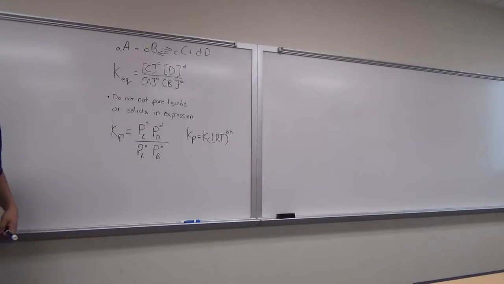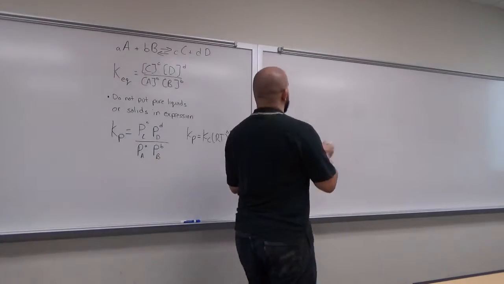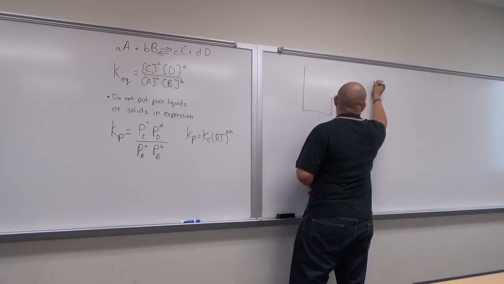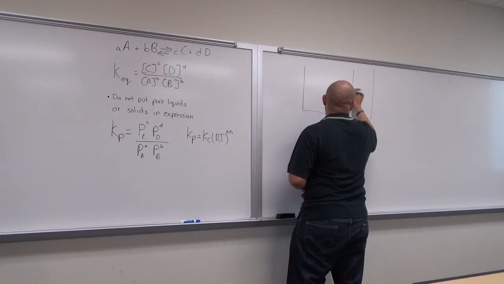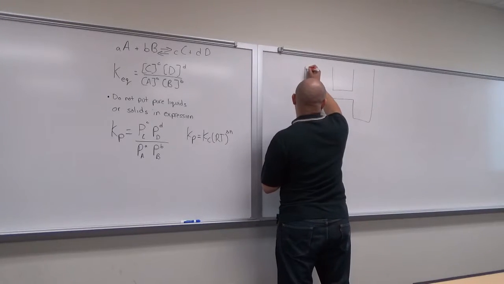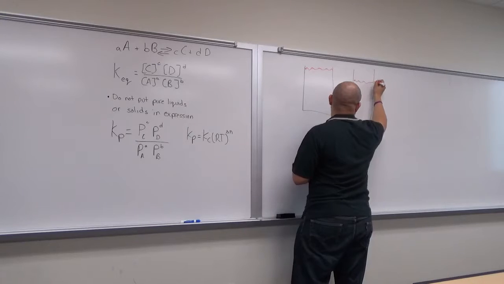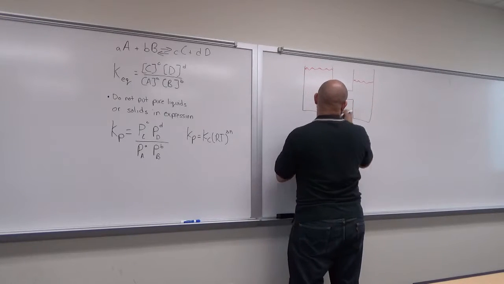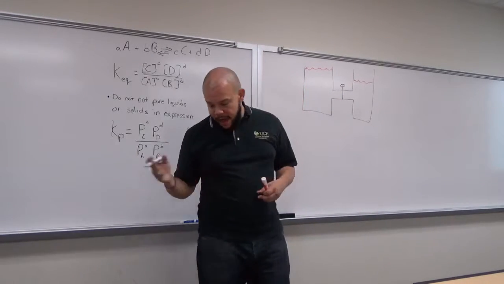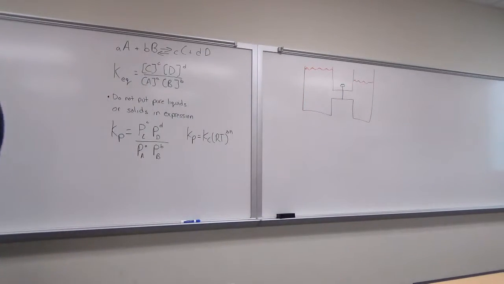Same thing kind of occurs in Le Chatelier's principle. The easiest and simplest way that people have tried to describe this is, let's say we had a vessel and we had a valve here, and the valve was closed, and we open the valve.